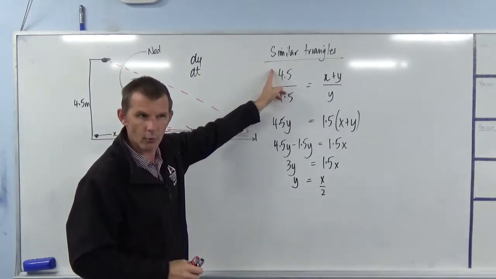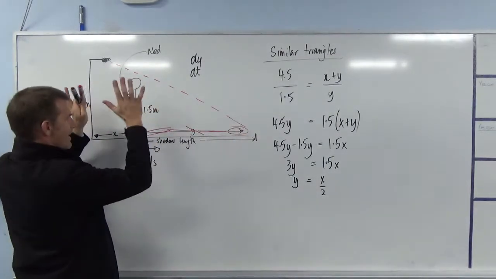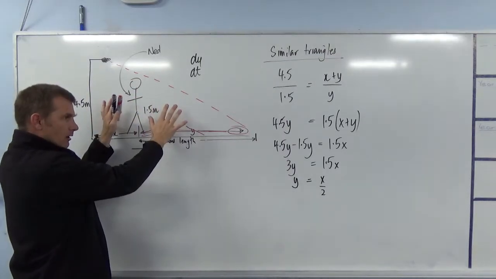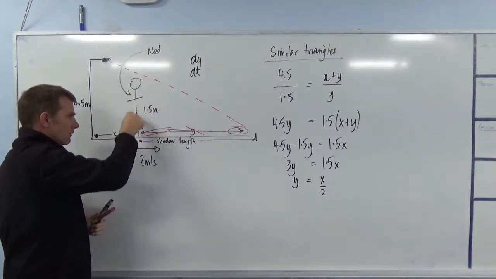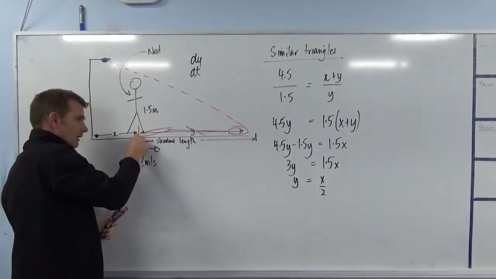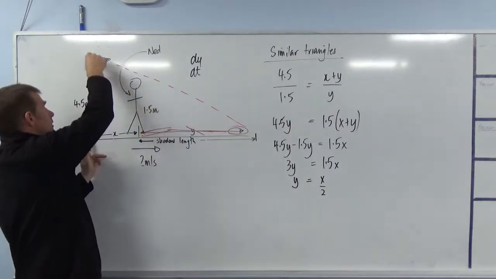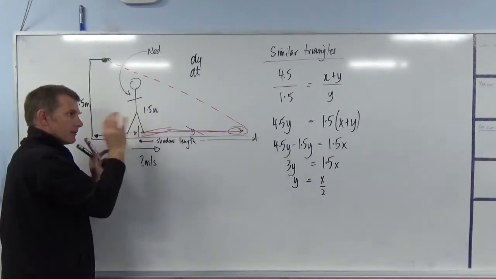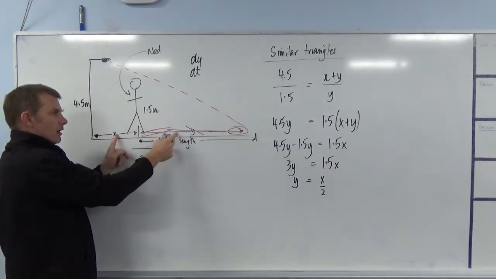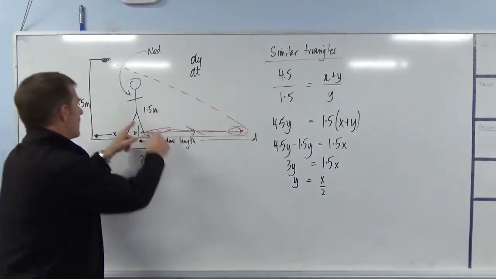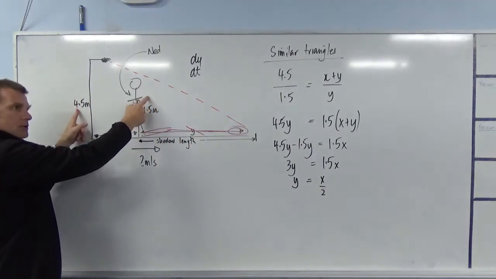Similar triangles are what I've got to see, because at any snapshot in time here, the triangle that is formed by Ned here, in this triangle right here, is a similar triangle to the one that the lamppost forms. So I've got similar triangles. And that's why I'm writing it up like this with X and Y. So you can see 4.5 over 1.5 is these two, bigger to smaller.